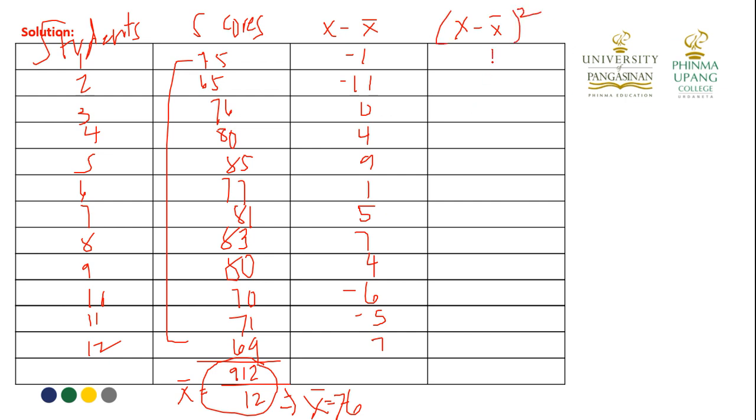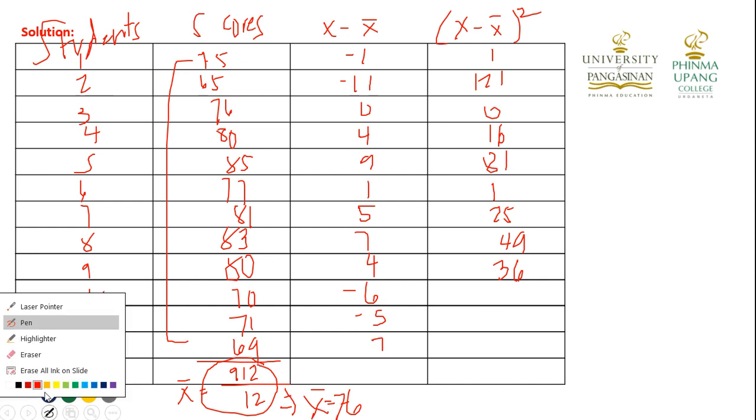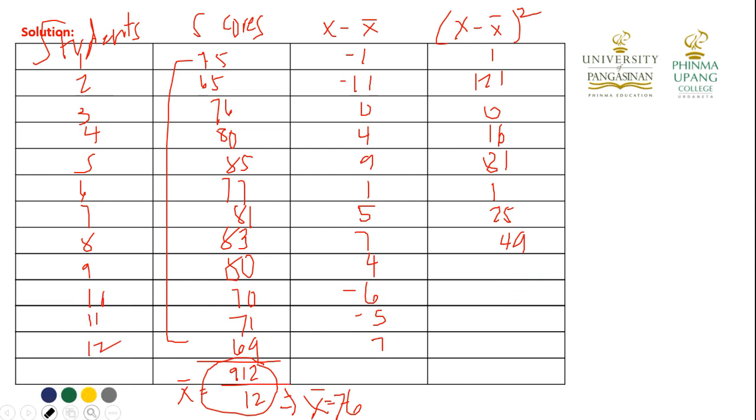So, 1, 121, 0, 16, 81, 1, 25, 49, 36. Mali-mali ako ng pinaglalagyan: 16, 36, 25, 49. So, summation of x minus x bar squared.